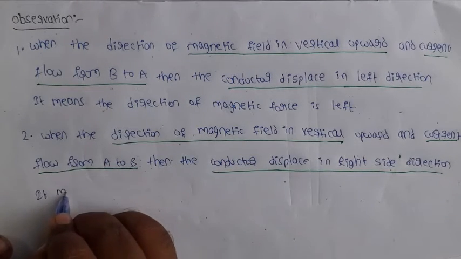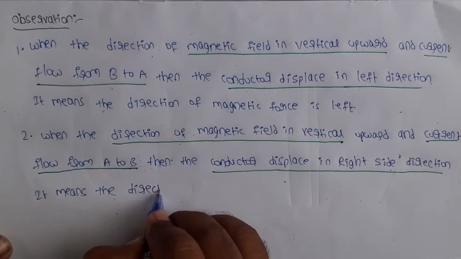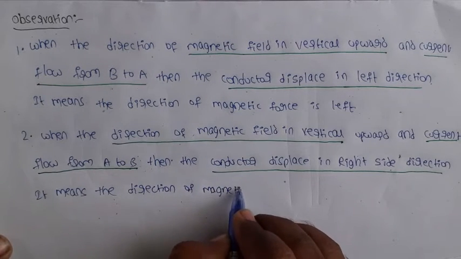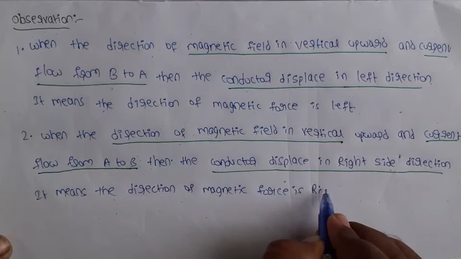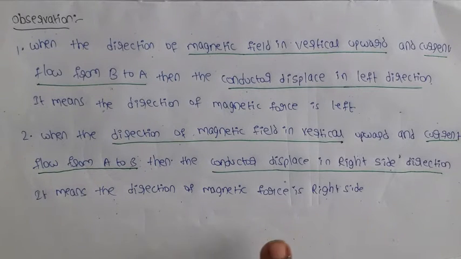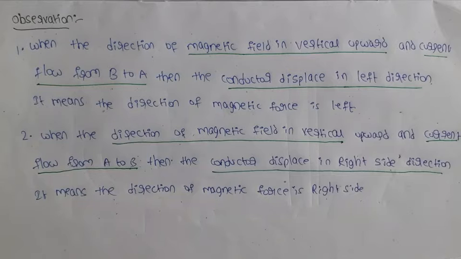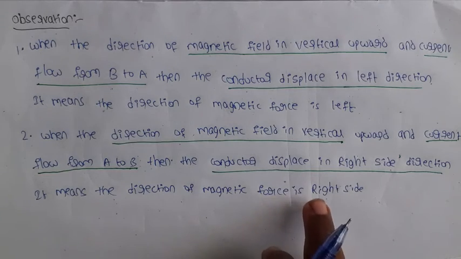It means the direction of the magnetic force is right side. These are the observations from the above two experiments. So the direction of the magnetic force depends on the current direction.